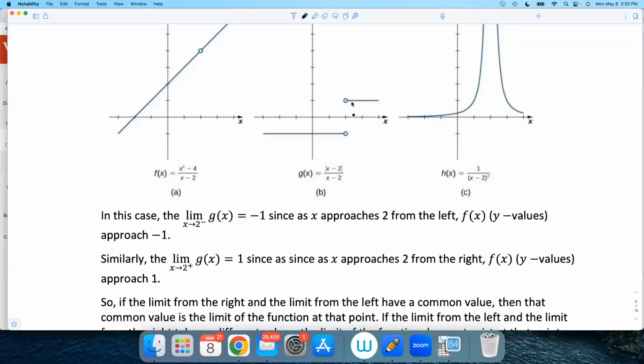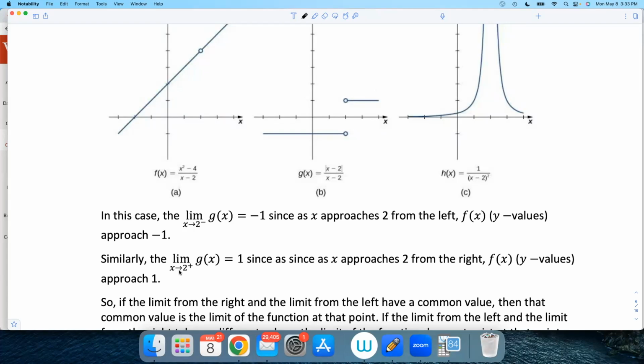I'm up here. I'm on this part of the graph. And now I want to approach downward. I want to go this way and get closer and closer from above. What are these y values getting closer to? Well, they're all the same. All of these y values are +1.